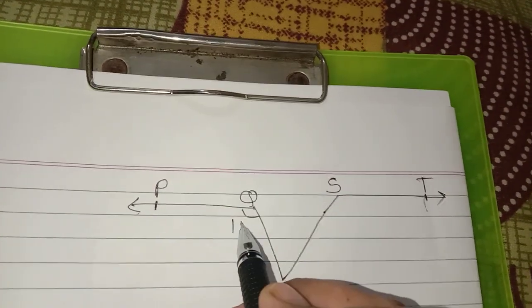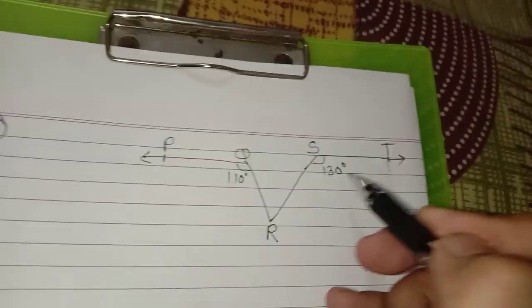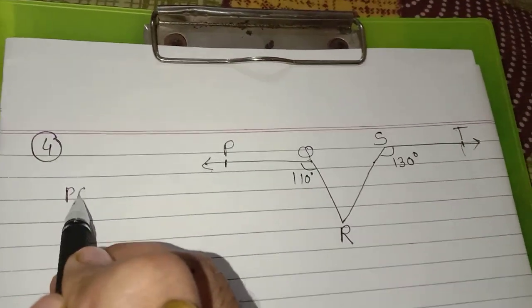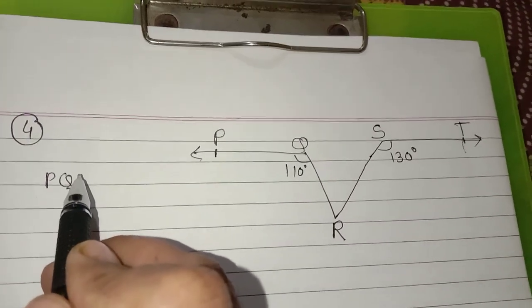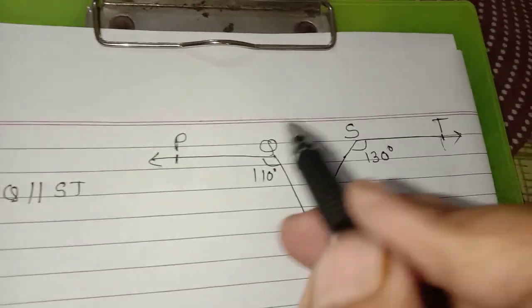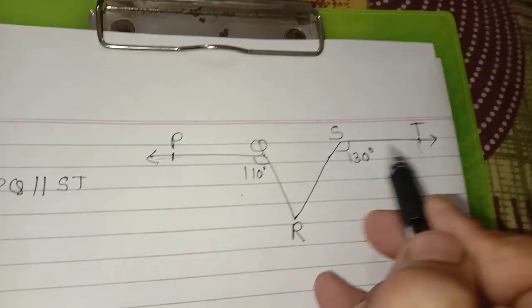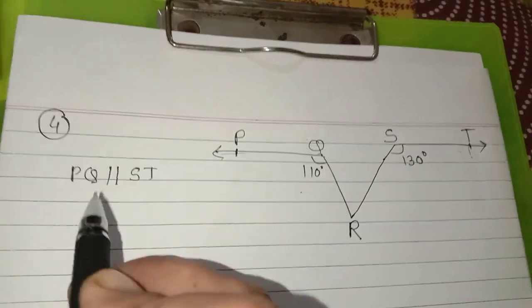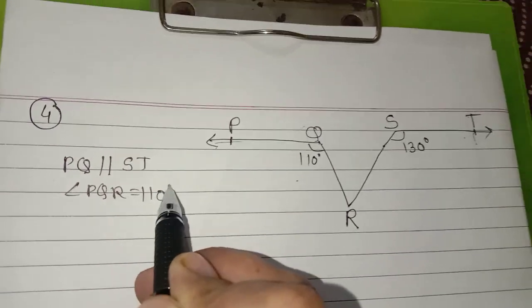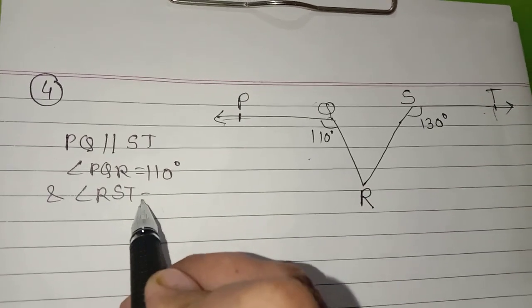Now it is 110 and it is 130. Clear? Now what do you have to find here? Given is PQ is parallel to ST. You can say that this line is a little bit lower than this one, as well as angle PQR is given as 110, and angle RST is given as 130.